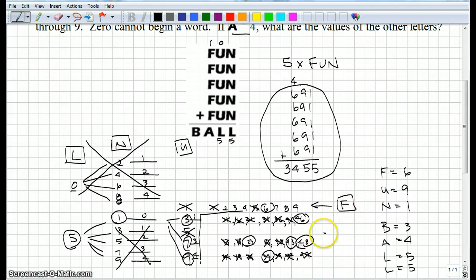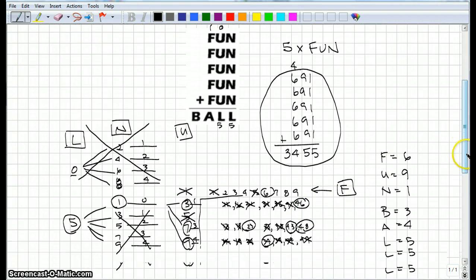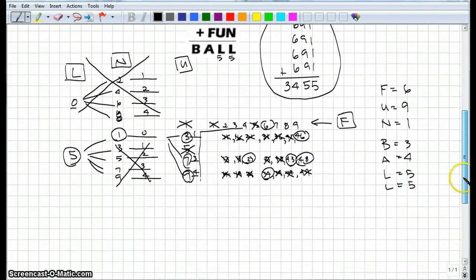But it looks like there are actually, in addition to this one, 4 other solutions, and we can just write those out. So let's look at this first row. So here we have F is 9. Okay, U is 3. N is 1. So we have 931, 931, 931, 931.